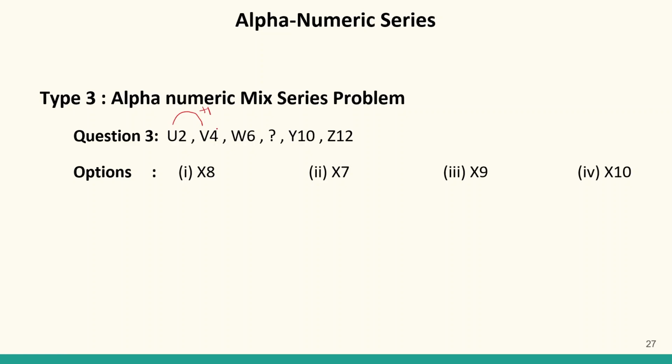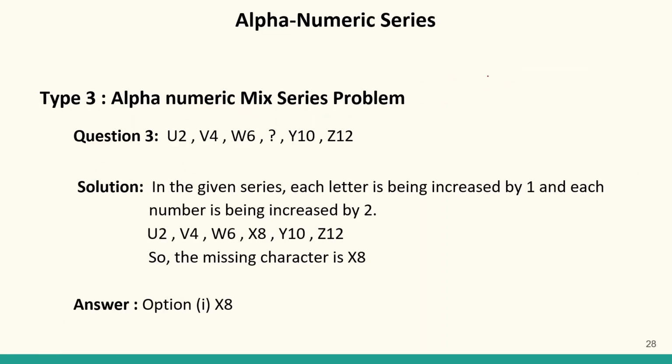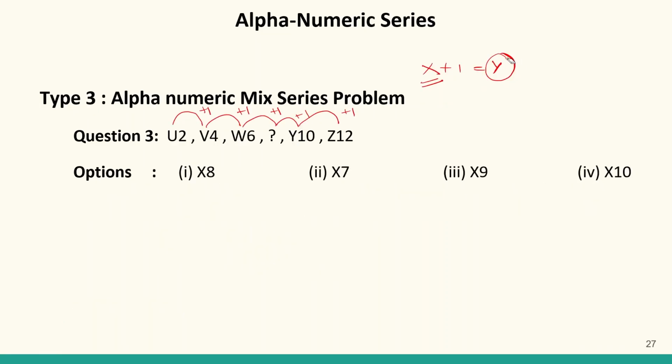U plus 1 is V, W. If we add plus 1, it will be X. If we add plus 1 to this, it will be Y. And if we add plus 1 to this, it will be Z. So very easily we find out that the letter will be X. So all of these options with X, we cannot eliminate right now.